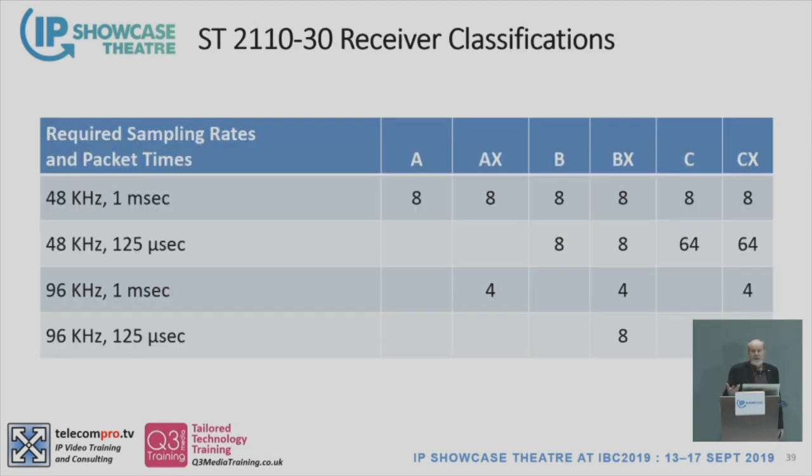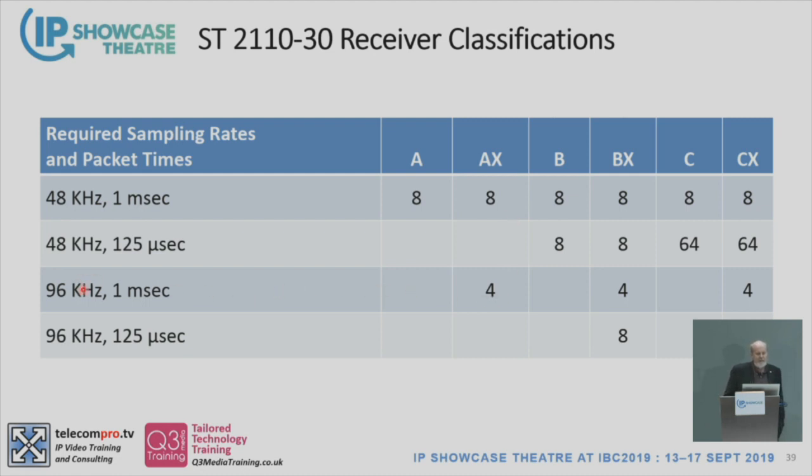The next slide shows the receiver classifications. And without going into a huge amount of detail, the A receivers are basically the minimum that you can have for a compliant ST2110-30 receiver. We have extended capability there that adds 96 kilohertz sampling.